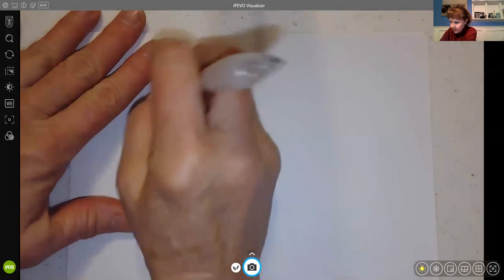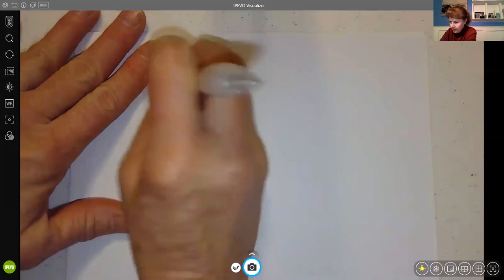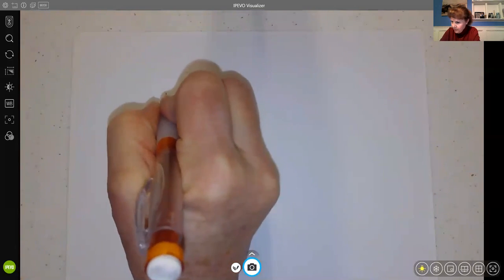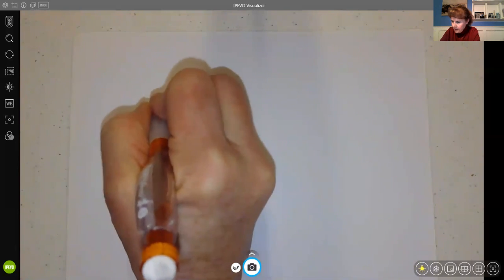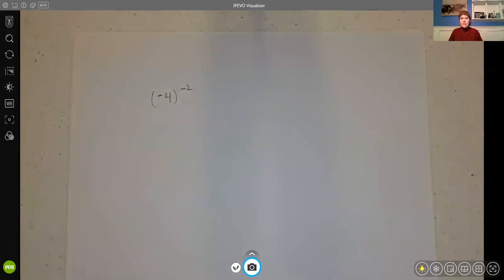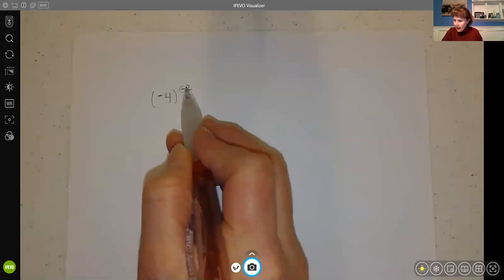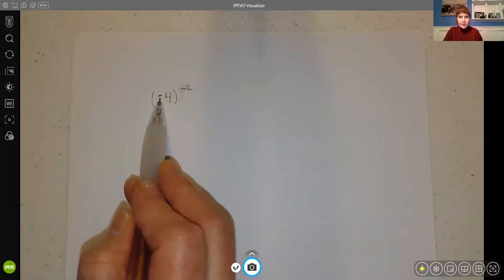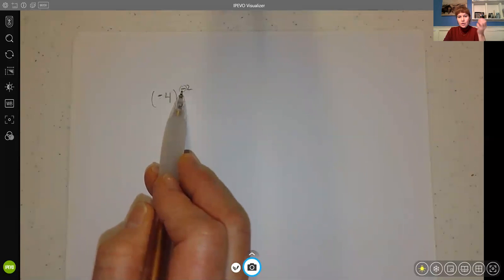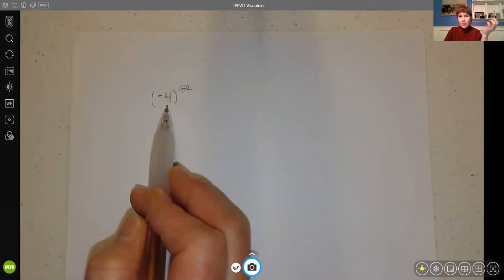I don't need the parentheses if I'm not going to put a variable around it. All right, something like this. So this has nothing to do with the negative in front or the positive. This negative will change the position of the -4.